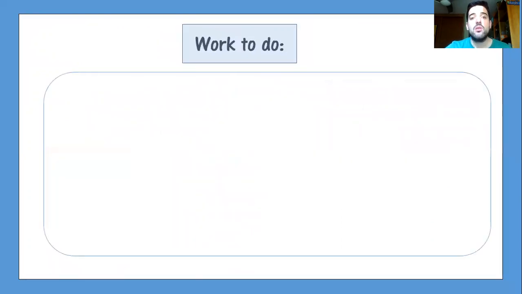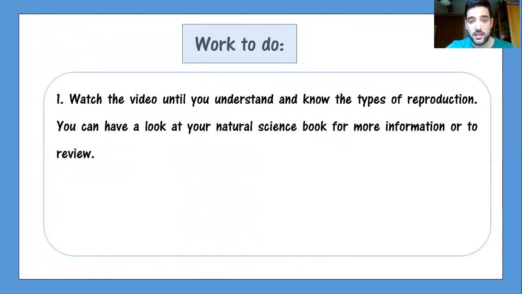Well, now let's see what work we should do for this part of the unit. First, as always, watch the video until you understand and know the types of reproduction. You can watch the video as many times as you need. You can also look at the Natural Science book for more information or at the videos that I put for you in the presentation.